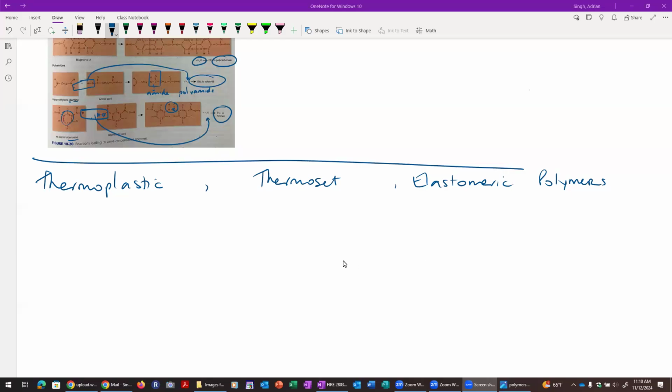All right, so the last delineation or differentiation we're going to take a look at when it comes to the different polymers is the categorization as thermoplastic, thermoset, or elastomeric.